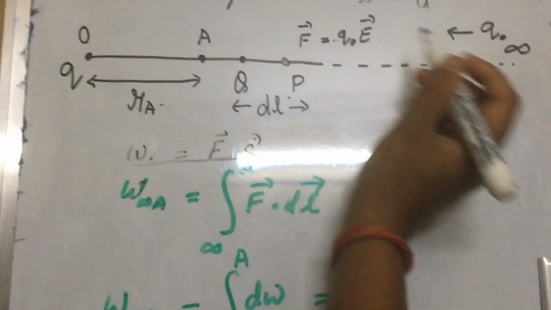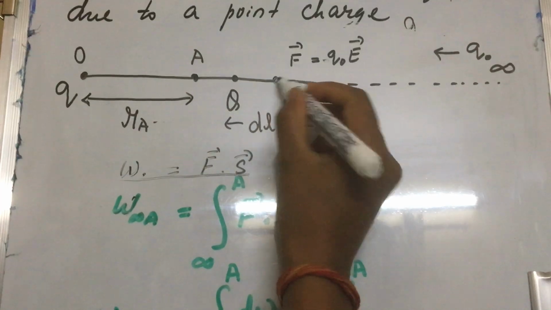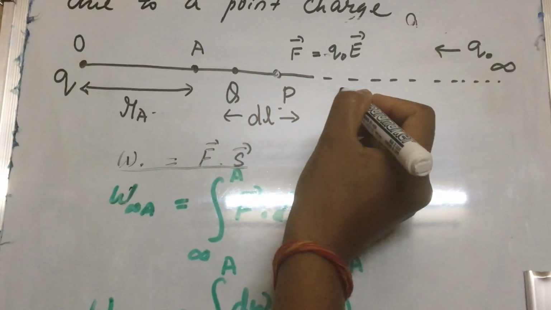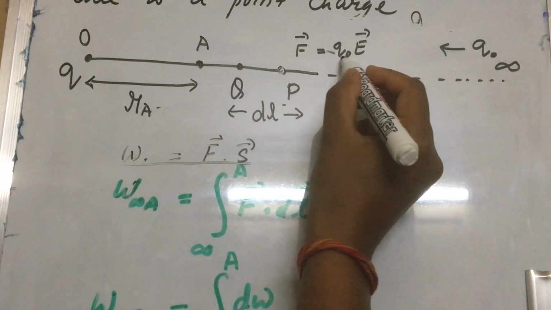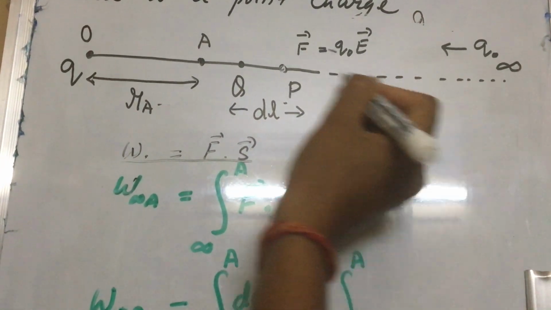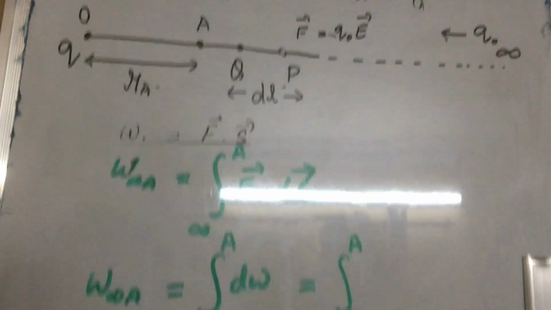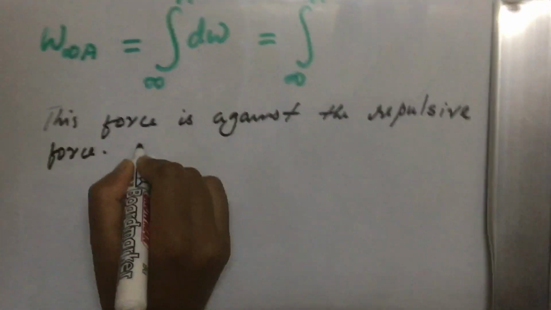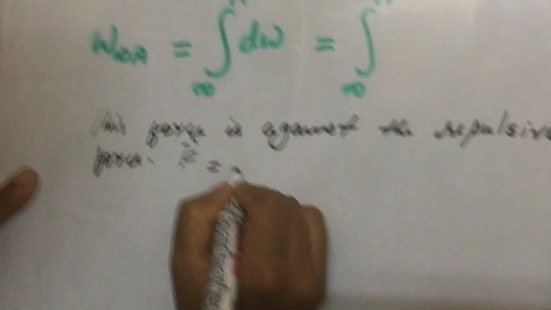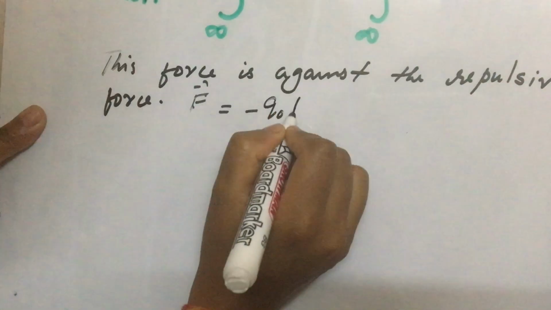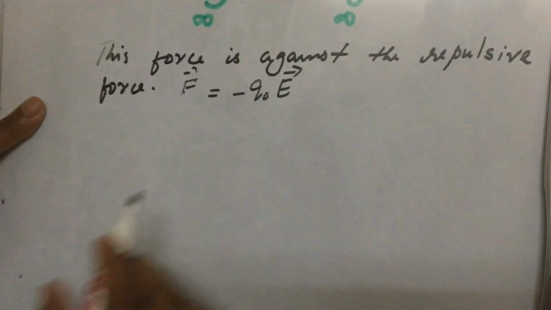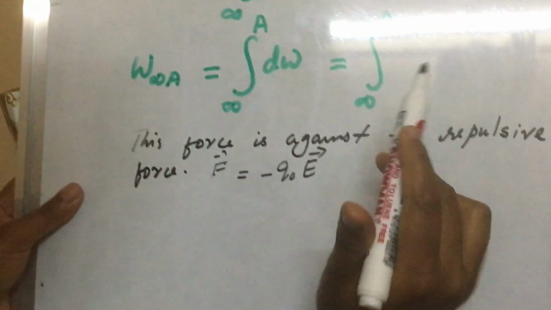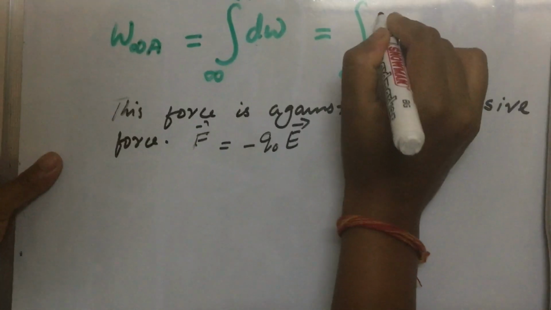That is why, in order to bring this process very slowly, what is the minimum amount of applied force in order to move this way? I'm repeating, that should be F is equal to minus Q0E, right?